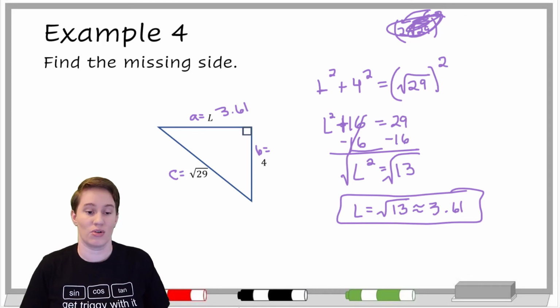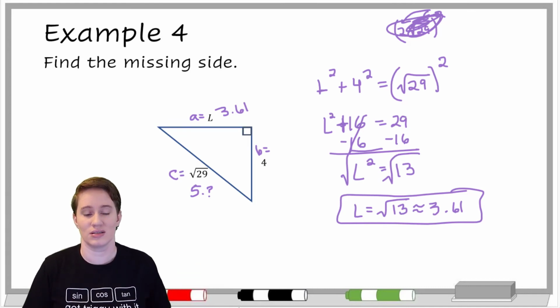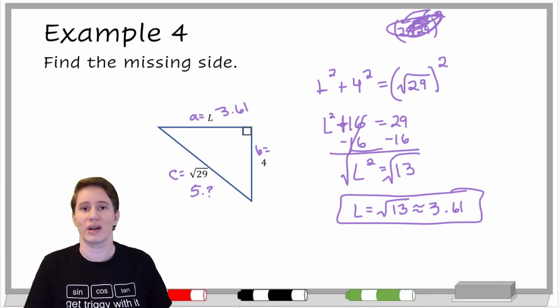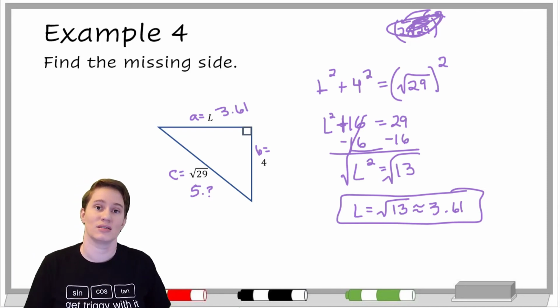About how big is that number? That number should be a little bit bigger than 5, right? Because square root of 25 is 5. Okay, so if you almost forgot to square root and had 13 as your answer, then by thinking about it in the context of the triangle, you go, well, wait, that's too big of a number for this to work. So hopefully you'd be able to go back and look through your work and see what happened.